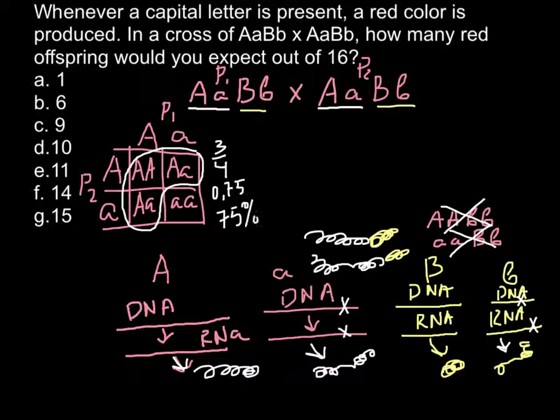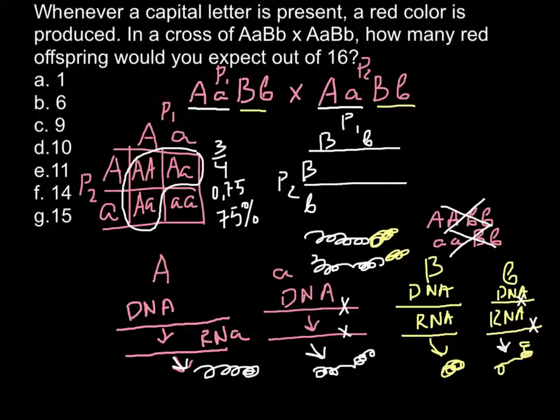These are 3 different ways you can notate this, and all 3 would be correct. And let's do the same for gene B. Parent 1 on top and parent 2 here on the side, and on the top we would have capital B, small b, and capital B, small b here on the side.